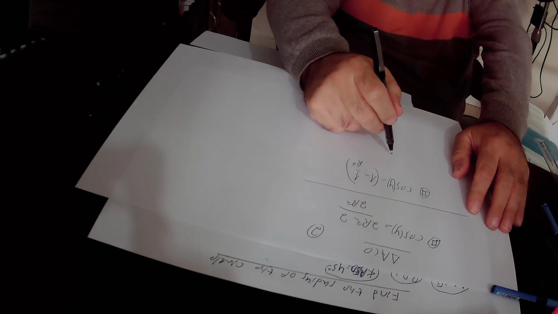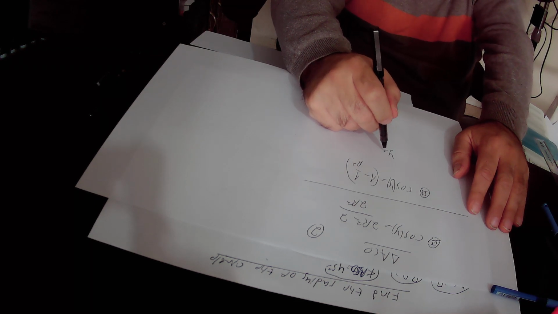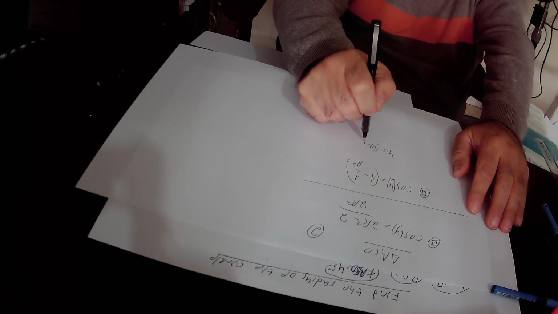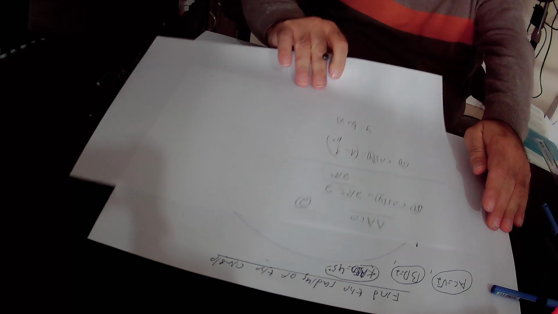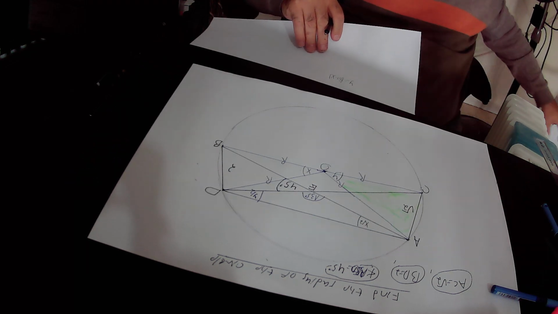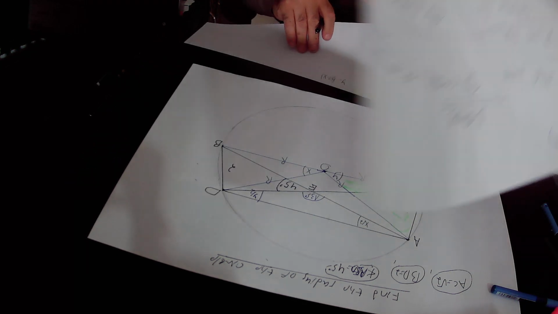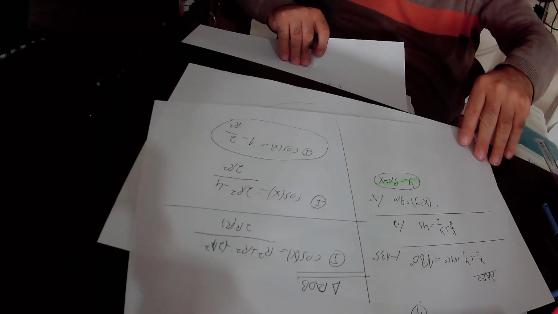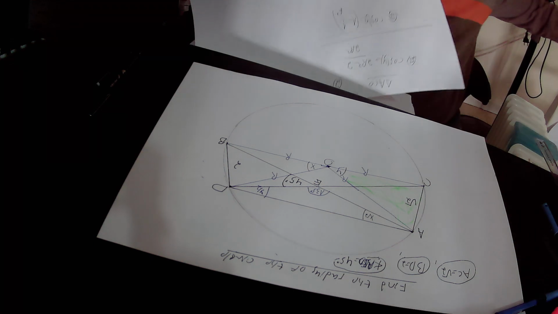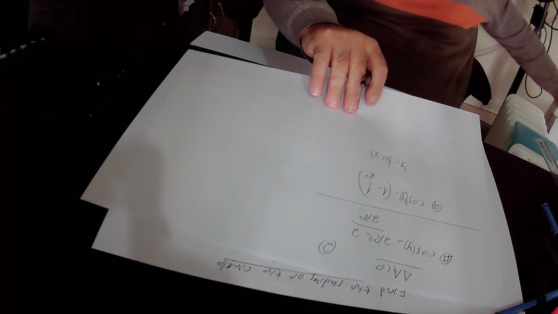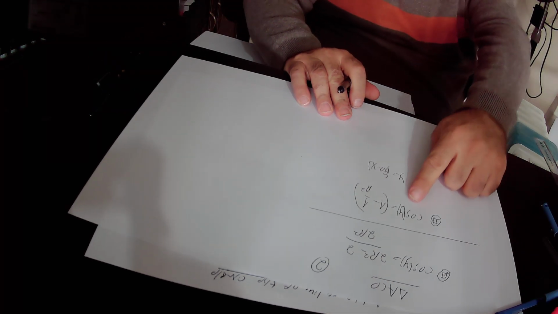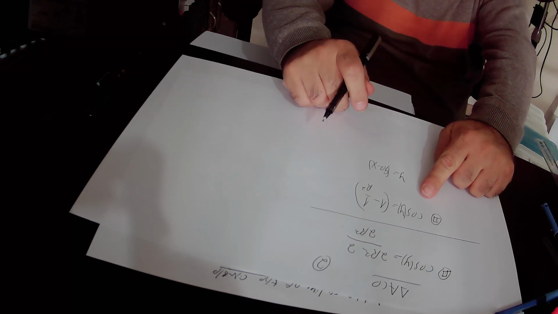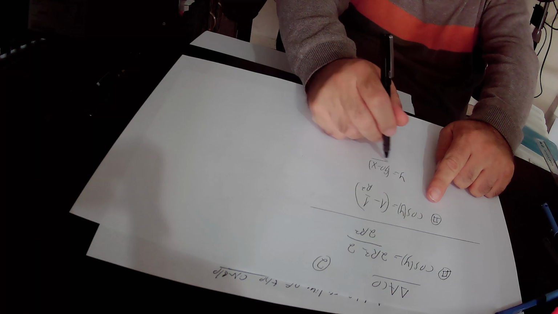We have already found out that y equals 90 degrees minus x. Here, this equation, y equals 90 degrees minus x. So substitute cosine y in this equation number 2 by 90 minus x.